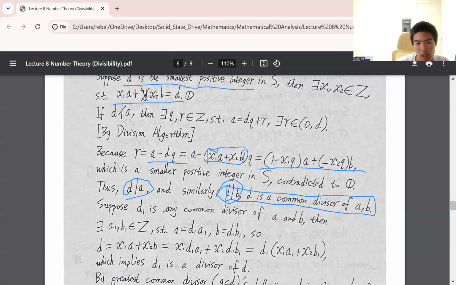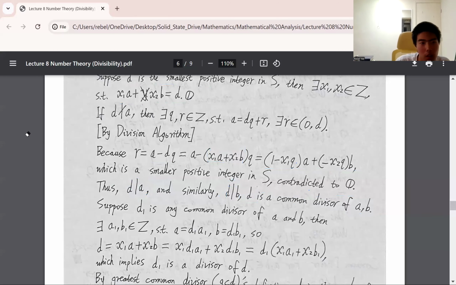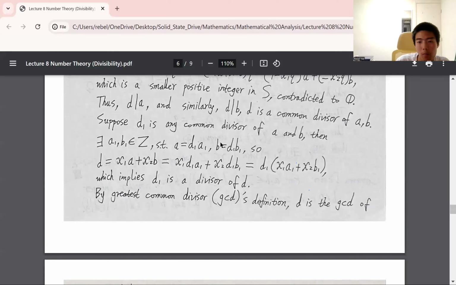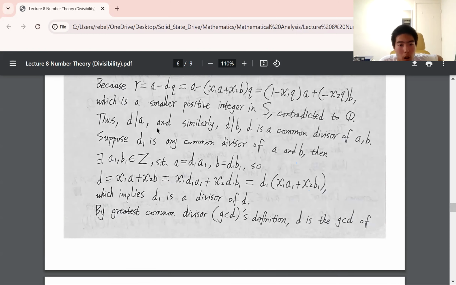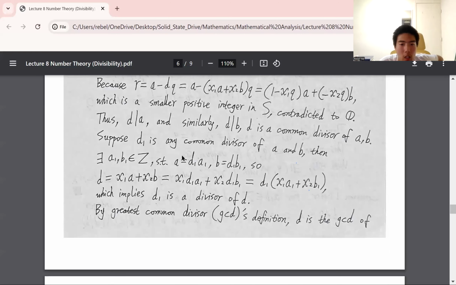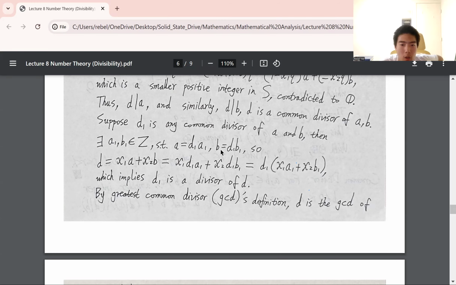Because this D1 is also a common divisor of A and B, then there exist A1 and B1 to satisfy A equal to D1 times A1, B equal to D1 times B1. So D equals x1A plus x2B by the statement 1 definition here, right? And A is equal to this one, B is equal to this one, so we find this one.